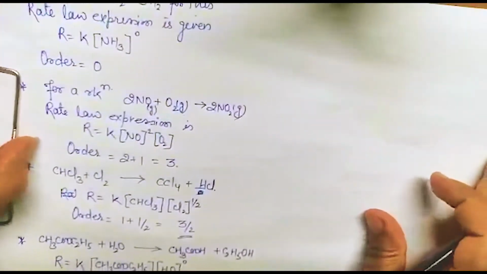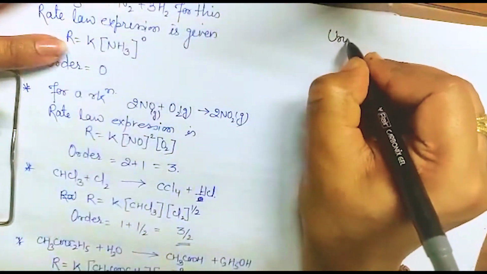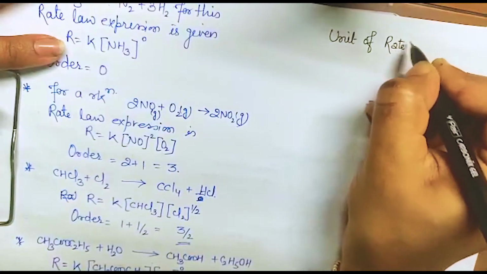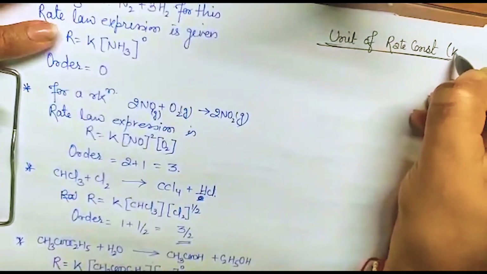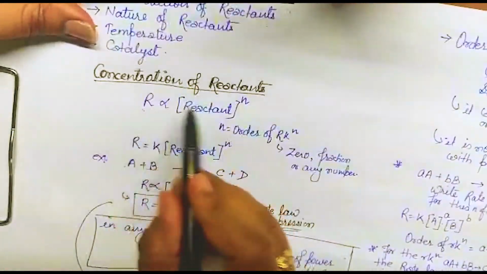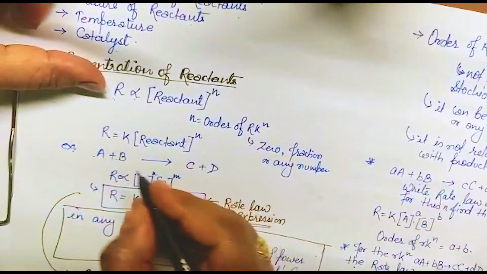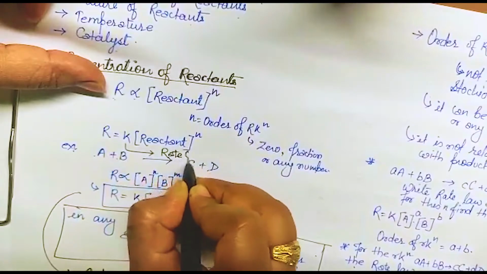Chaliye, now let's do the unit of rate constant. Achha, one thing I have not explained, just wait, and that is K. Here we have used a constant in the rate law expression. This K constant is known as the rate constant.